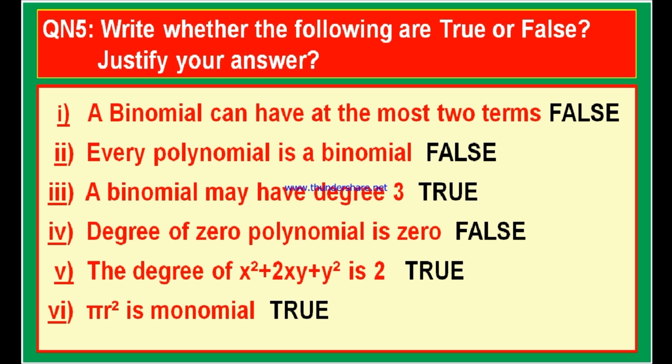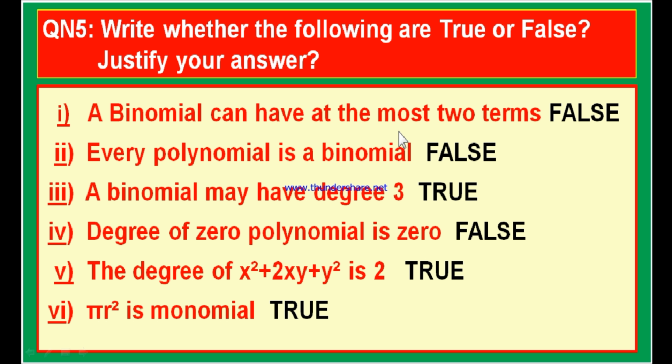Here actually the question is, we have to state whether the given statements are true or false, and at the same time you have to justify your answer also. That is, you have to give reasons. I already explained what the reason is, and you may write the reasons on your own. Is it clear now? For example, a binomial can have at most two terms. It is false.